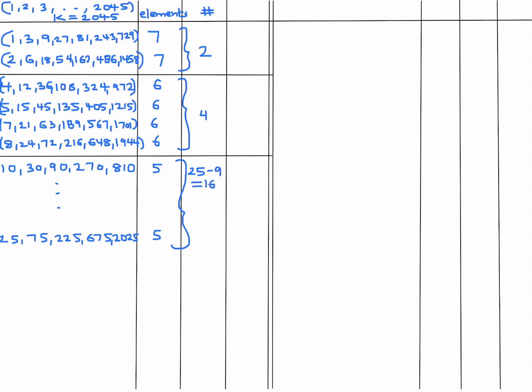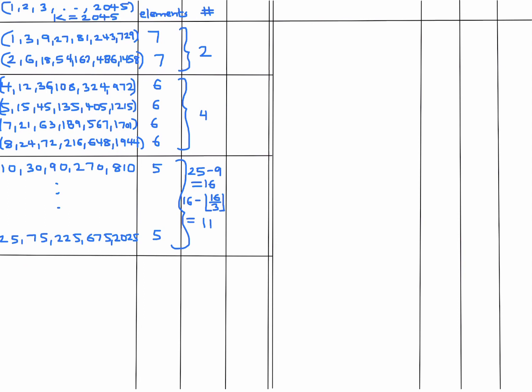Yes, there's 16 numbers, but we cannot include multiples of 3. So how many multiples of 3 are there among 16 numbers? Well, it would be 16 divided by 3. And just like the previous question, you have to take only the integer value. So it would be 16 minus the floor of 16 divided by 3, and that's 16 minus 5, which is 11. So as previously, I got 11. And that's a quick way of doing it.